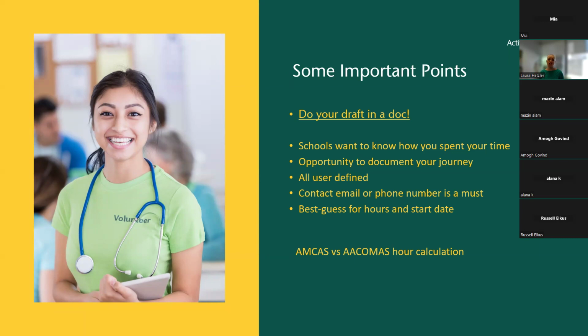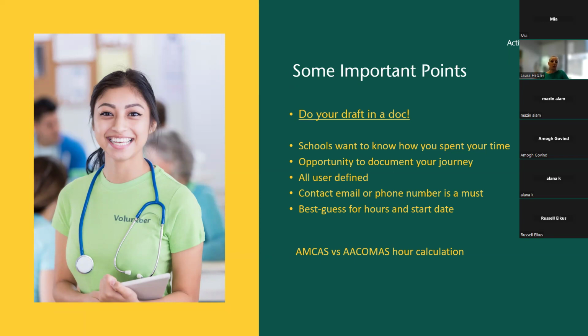ACOMAS actually wants to know your hours per week and the total number of weeks. So if you haven't been tracking it that way, or maybe you're contingent someplace and you work more sometimes than others, there's not an even math on that. So in that case, write this down. You're going to take your total number of hours that you recorded.